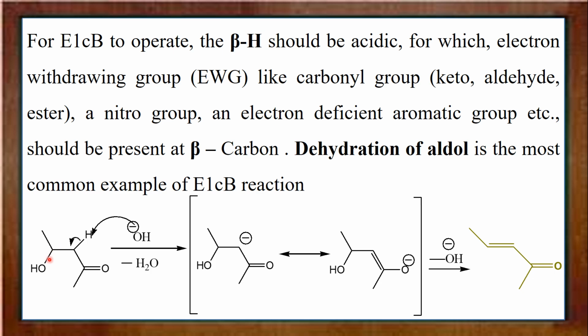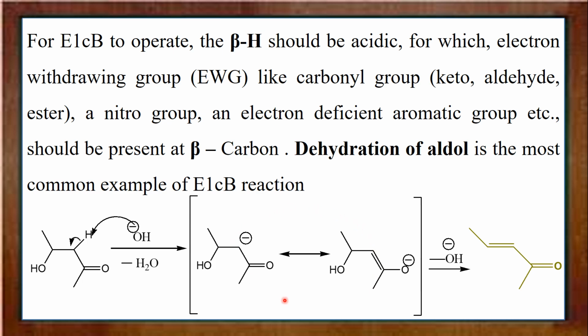So here, the alpha carbon, we consider the carbon to which the leaving group is connected as the alpha carbon. The next carbon is beta. So from this beta carbon, the H plus is removed, deprotonation has taken place, resulting in a resonance stabilized intermediate. So an enolizable carbanion is generated, it is in resonance with the enolate.